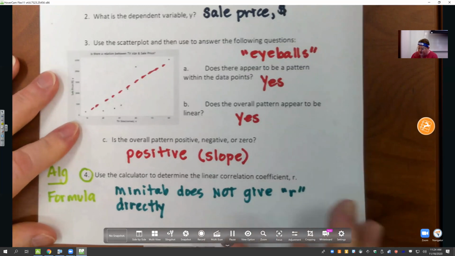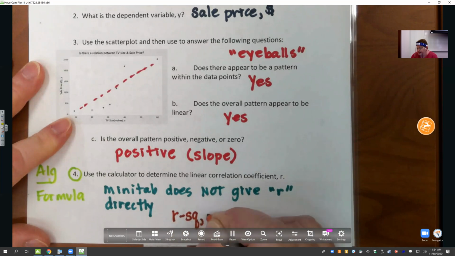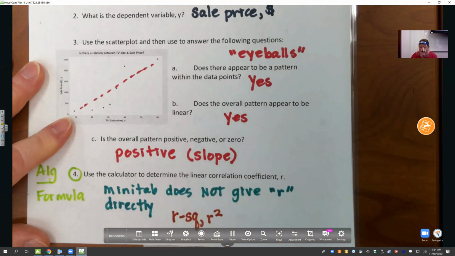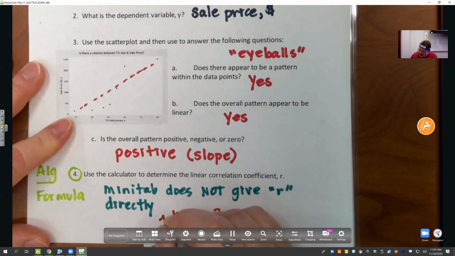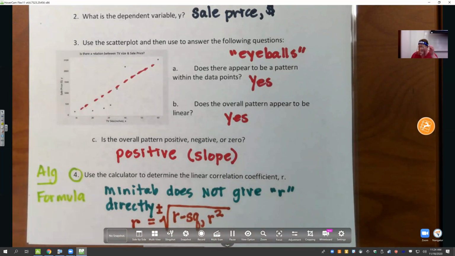What Minitab is going to give you is the value for R squared. And I can undo a square, of course, by taking the square root.